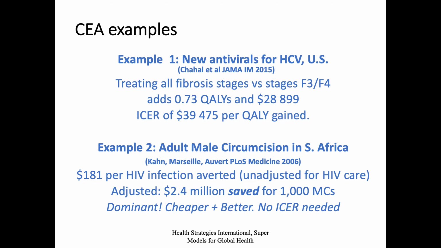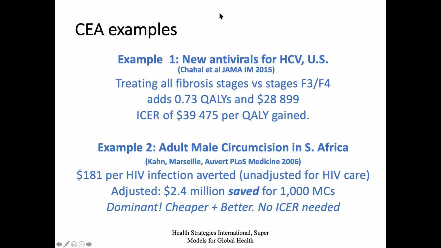When we adjusted for HIV care, so in other words, allowed for the averted cost of HIV infections that didn't happen, the cost was $2.4 million saved for each 1,000 adult male circumcisions. So the intervention was dominant. It was cheaper and better. And of course, in that circumstance, there's no need to calculate a cost effectiveness ratio because there's no trade-off. It's just cheaper and better.